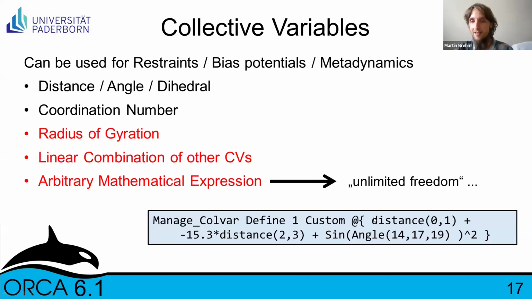For example, in this case, we take the distance between the first two atoms plus the distance between the next two atoms multiplied with a constant plus the sine of an angle of 3 atoms to the square. So here you can write any mathematical expression and it will be a CV, and you can, for example, run metadynamics with it. I think it is a very powerful feature and it allows for arbitrarily complex CVs.